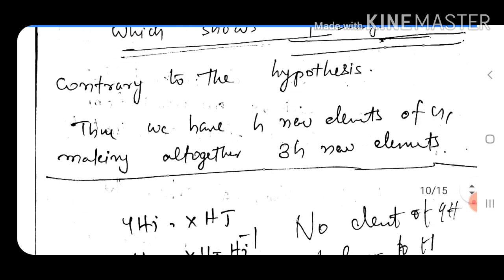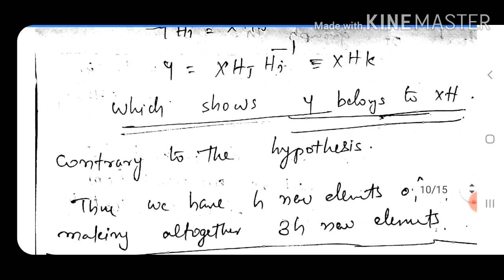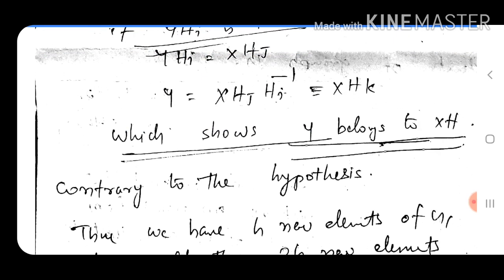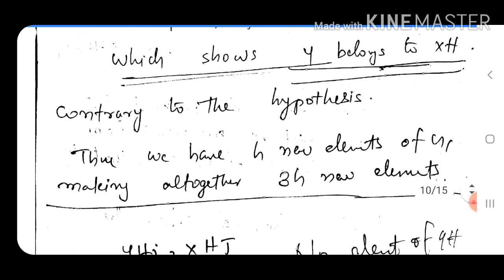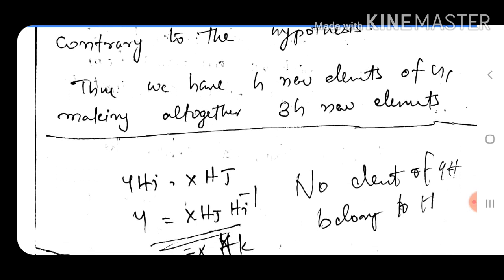So what we are getting is, when we take YH, we will be getting small h new elements of G. So totally we have 3h elements. First we started with the subgroup H, then for XH we got h new elements, and then for YH we again get h new elements.